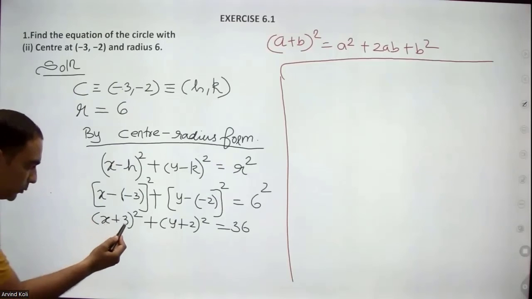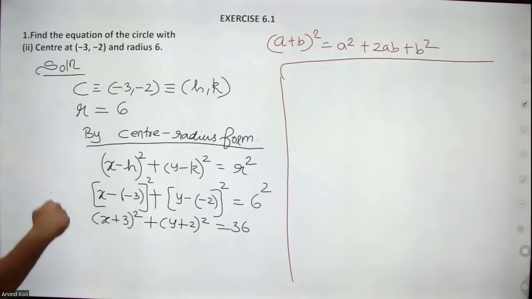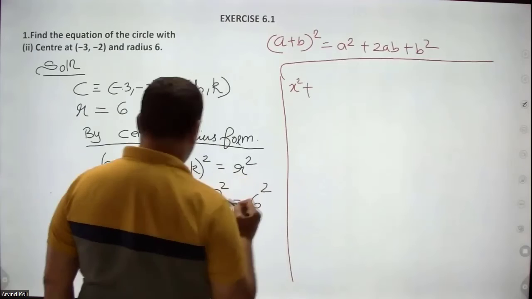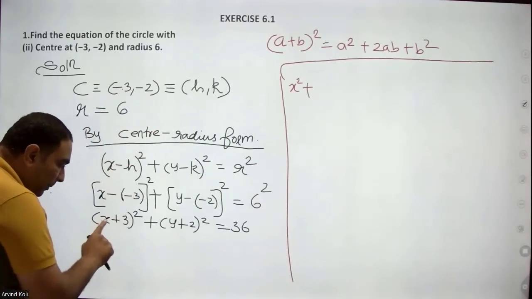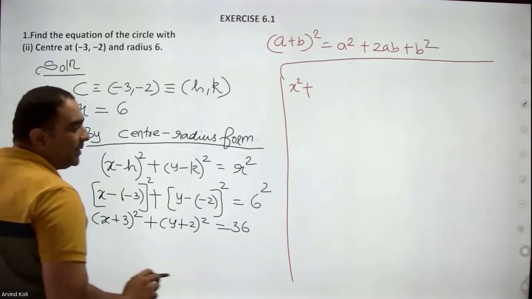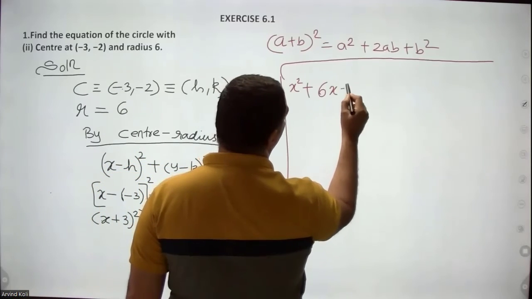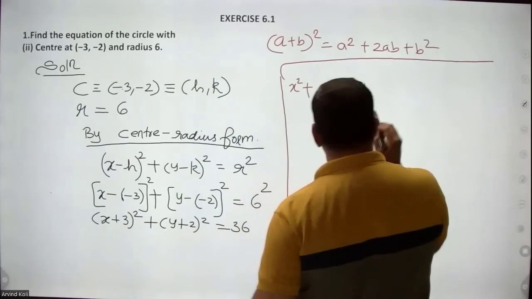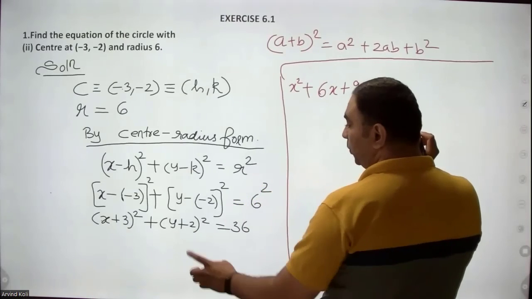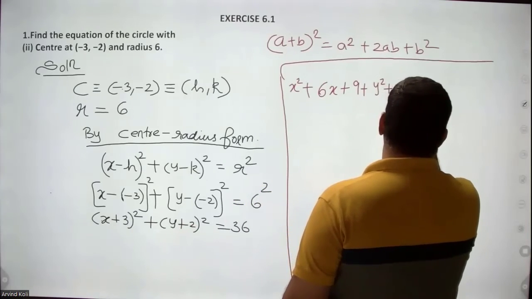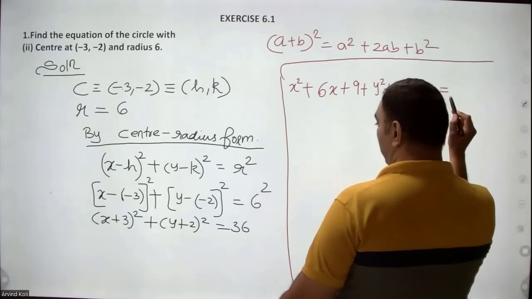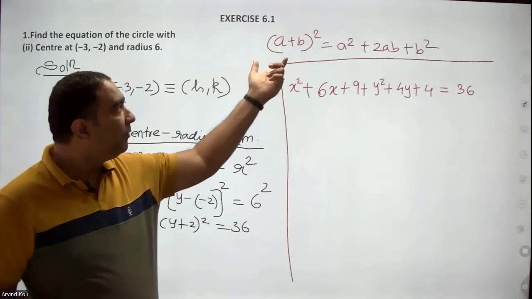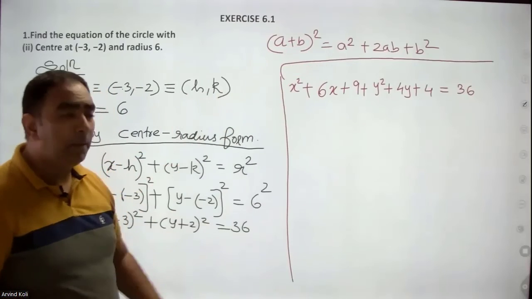This becomes your a, this becomes your b. यानी कि x का स्क्वायर प्लस 2ab मतलब 2 into x into 3 which is 6x प्लस 3 का स्क्वायर 9 प्लस वैसे ही y plus 2 the whole square will give us y square plus 2 2s are 4y plus 2 का स्क्वायर 4 is equal to 36. So I believe we all are quite capable of applying this simple formula. हमने ये straight lines chapter में भी काफी किया था.